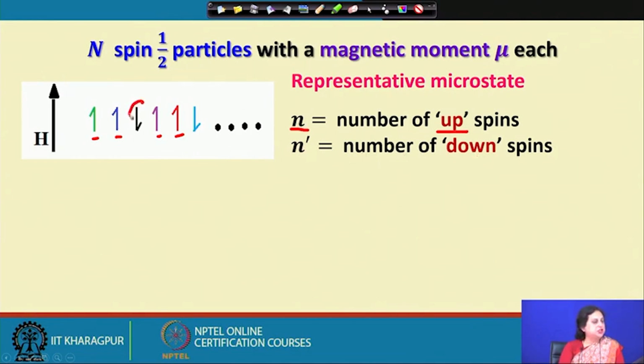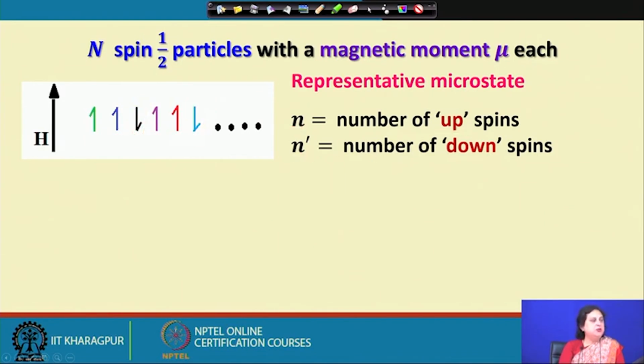In this picture n prime is equal to 2, and therefore, with capital N equal to 6, this microstate is completely described by small n equal to 4 up spins and small n prime equal to 2 down spins.